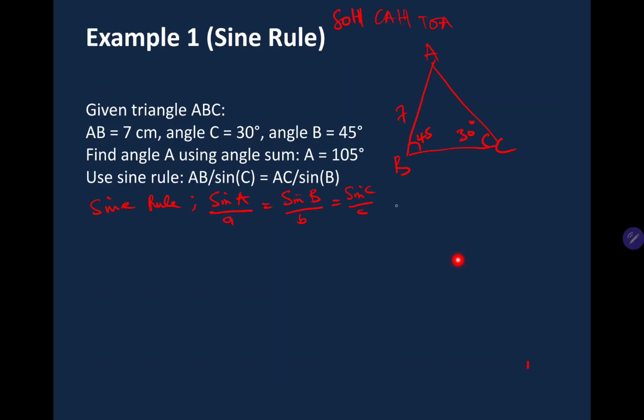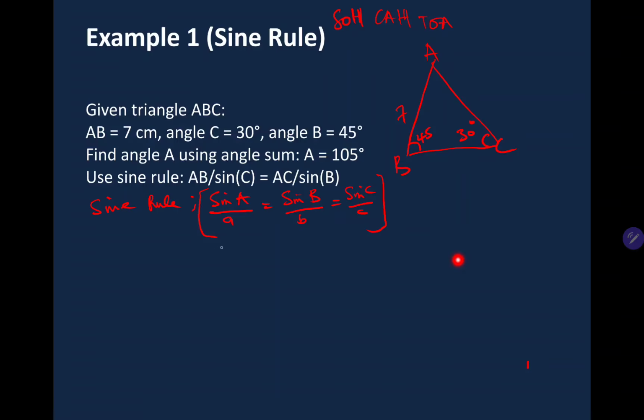Oftentimes, we do not need all three sides or angles. We just need two. And we deal with the sine rule first. The formula as written is suitable when you're looking for the angle.